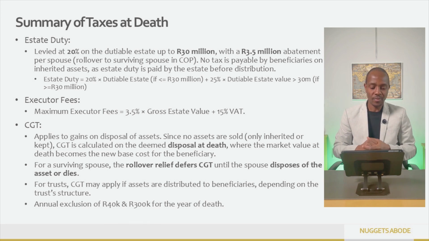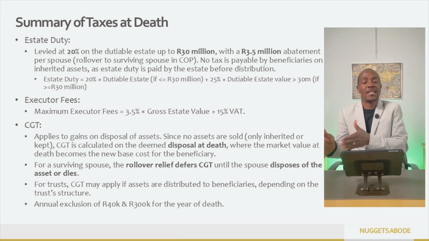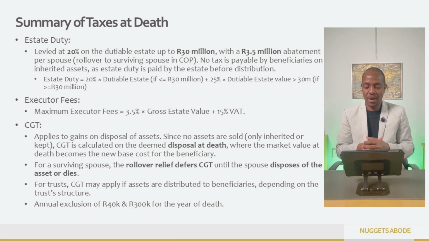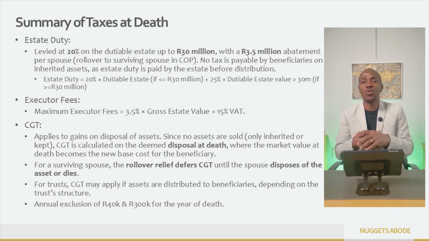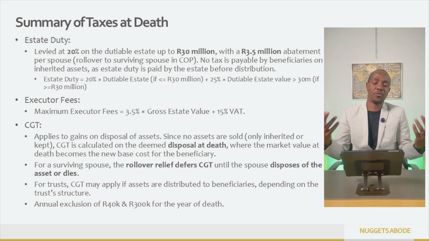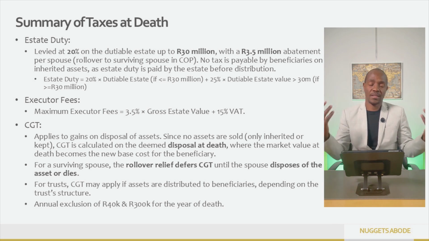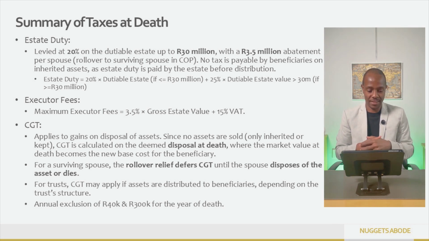There is a rollover that can be applied to the surviving spouse, and this will allow no tax to be paid until the surviving spouse passes on. So for a trust, capital gains tax will probably only apply if the assets are distributed or if there is a sale of the assets.